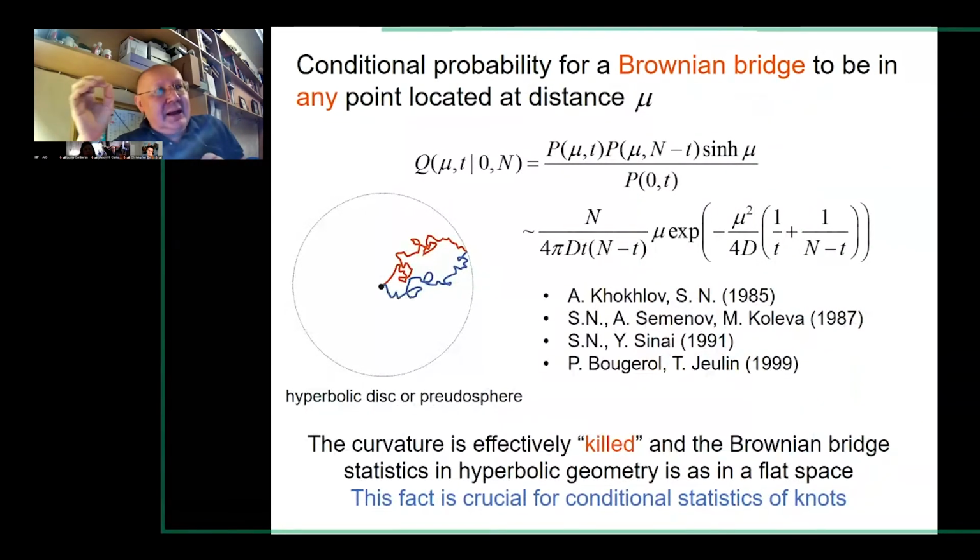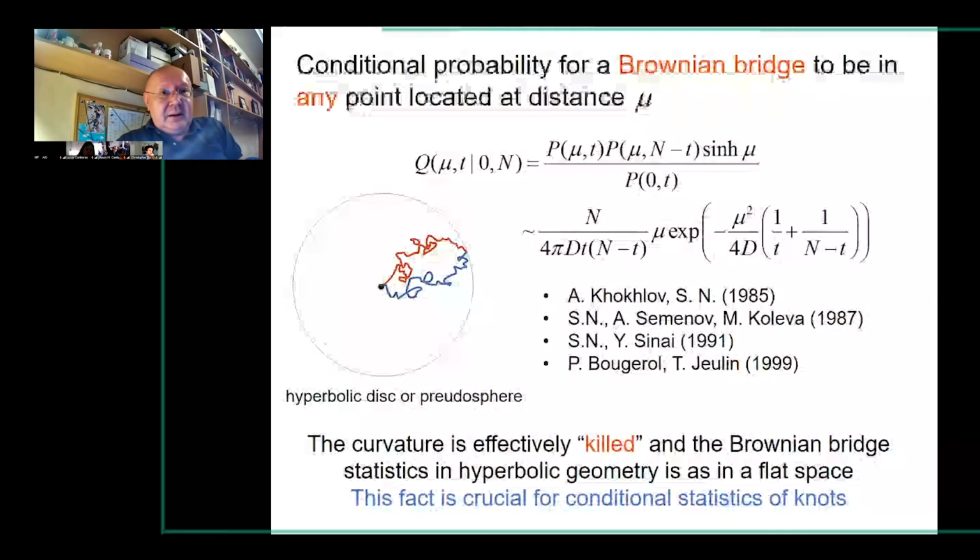The answer to that question is completely different. By the fact that we return at the very end to the origin, we kill the curvature, and the interior of the random walk behaves as if it were in uncurved space. And that is just written here. The curvature is effectively killed by the condition that you force the end of the trajectory to be at the same point where you started.